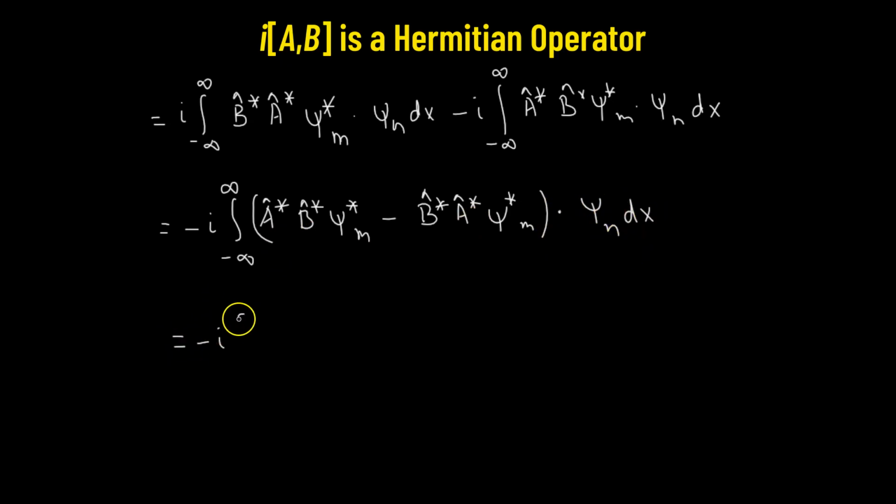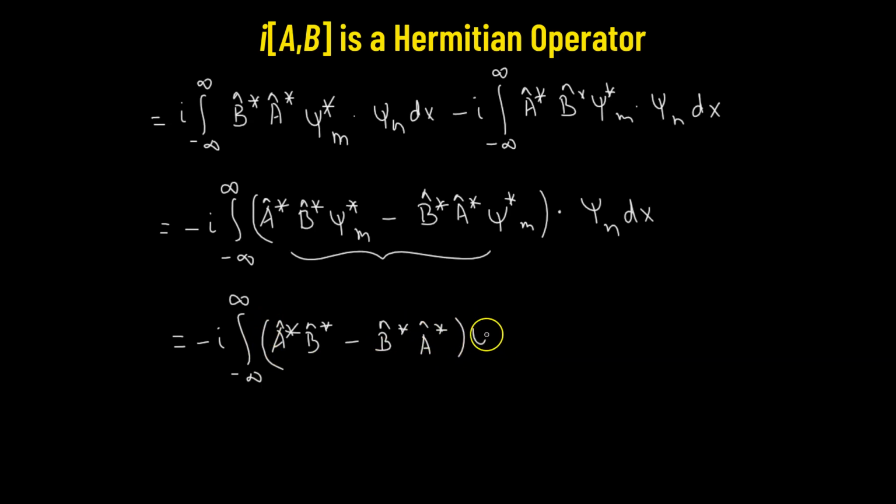This is negative i times the integral, and these two terms can also be written as A star B star minus B star A star operating on psi star m times psi n dx.